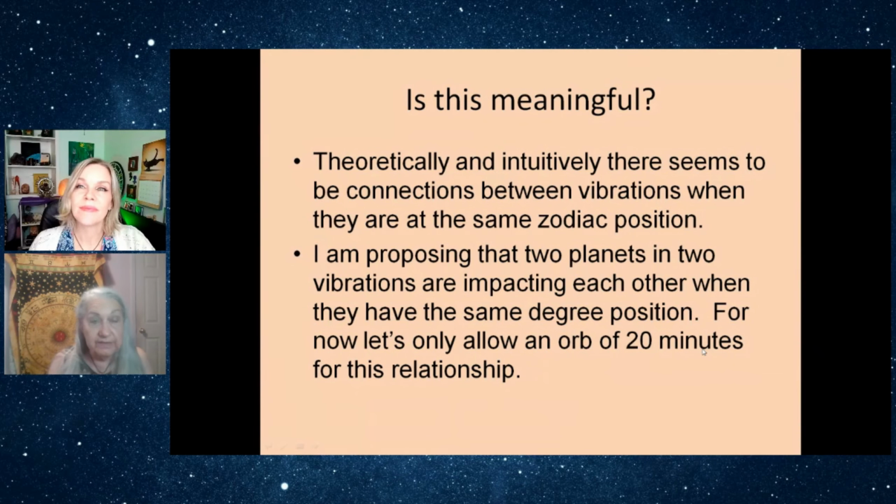Well, theoretically and intuitively, there seem to be connections between vibrations when two planets are at the same zodiac position. I'm proposing that two planets in two vibrations are impacting each other when they have the same degree position. For now, let's only allow an orb of 20 minutes for this relationship.